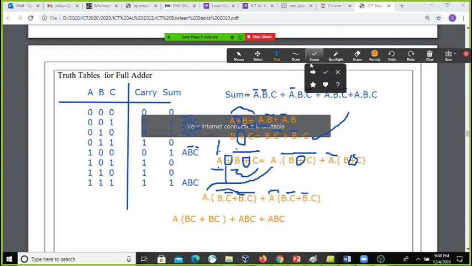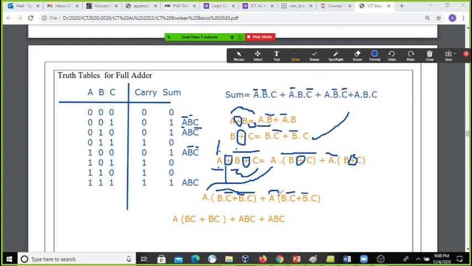Then you can see when you expand this A bar, you get A bar BC bar, A bar BC bar. And here when you expand these two, you get A bar B bar C, A bar B bar C.